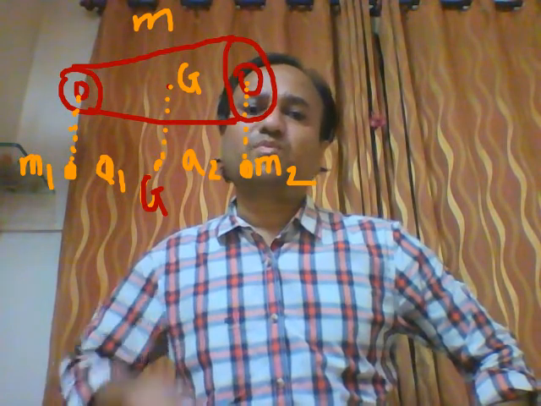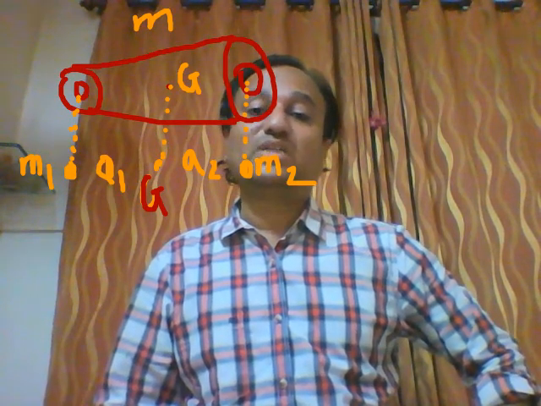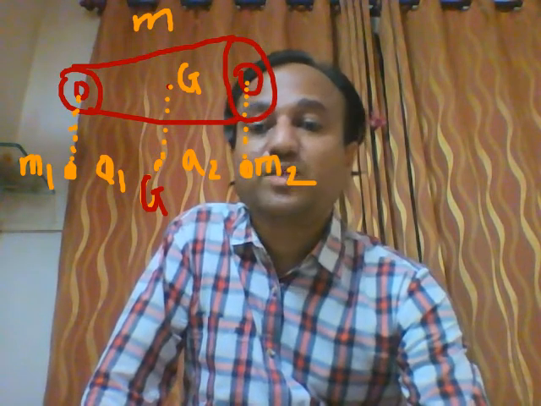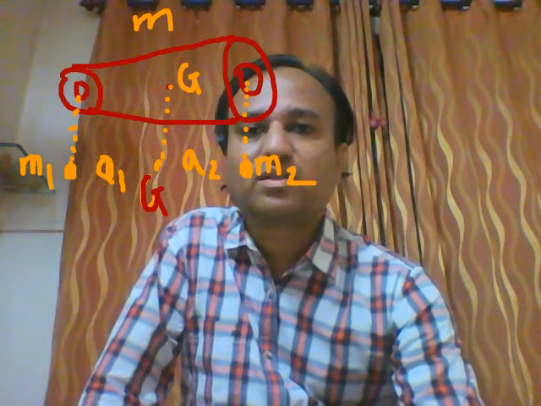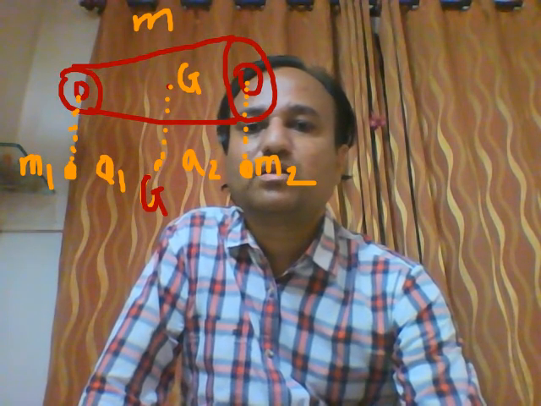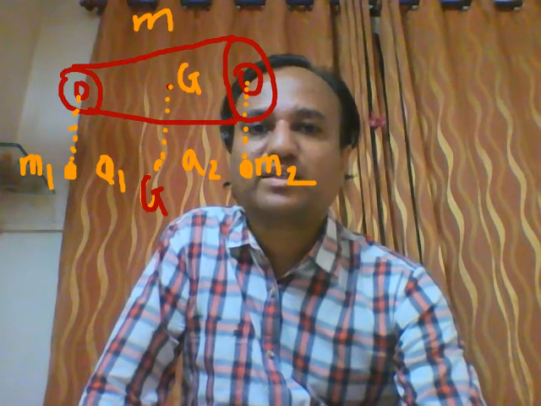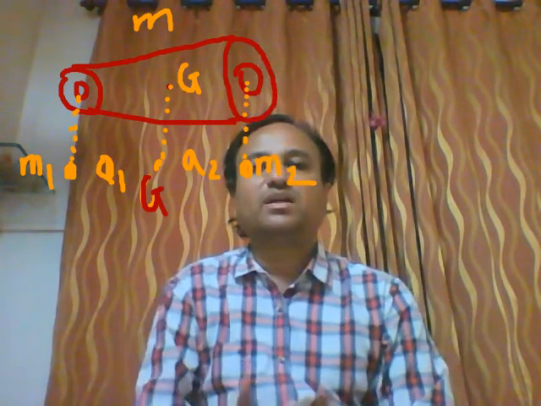So the third condition will not be satisfied, that is m1 into a1 square plus m2 into a2 square is equal to m k square. Let k be the radius of gyration of the connecting rod.